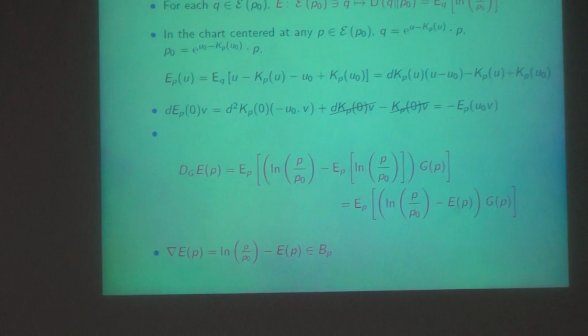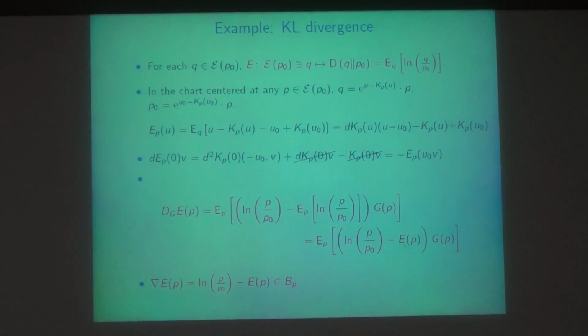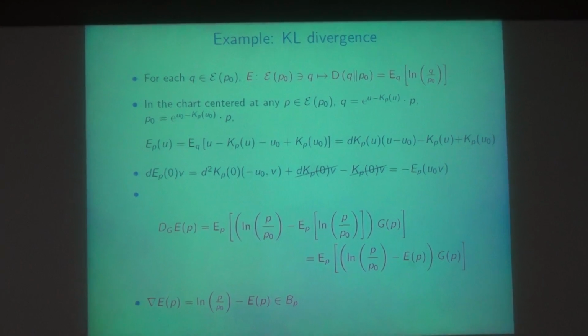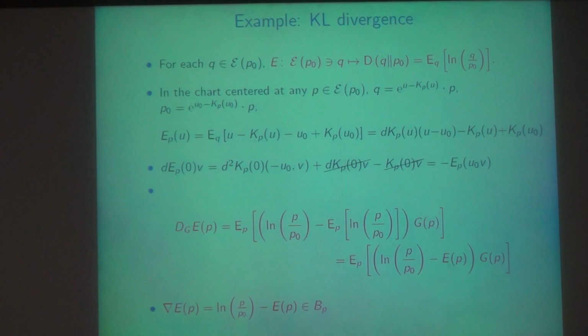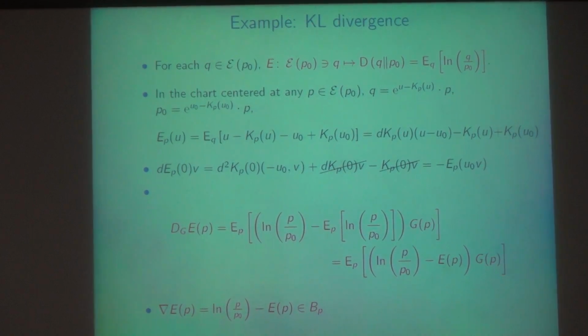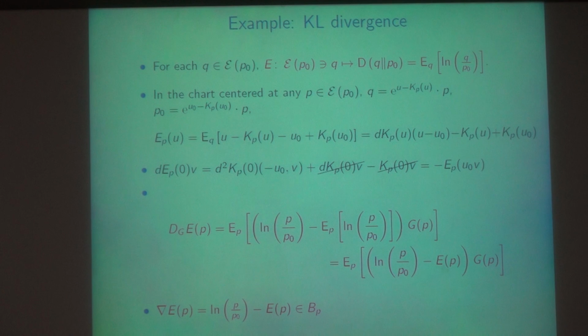I fix P0, I take the divergence of Q with respect to P0, I represent everything in the exponential coordinates, I take the derivative at 0, and I have the formula for the covariant derivative.